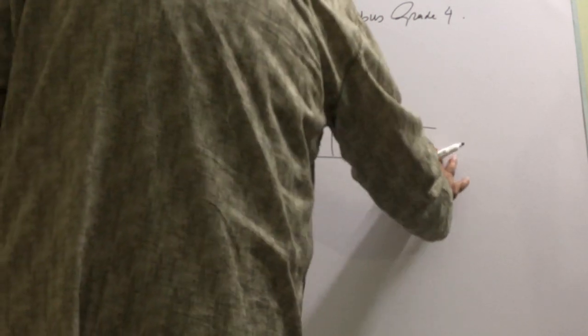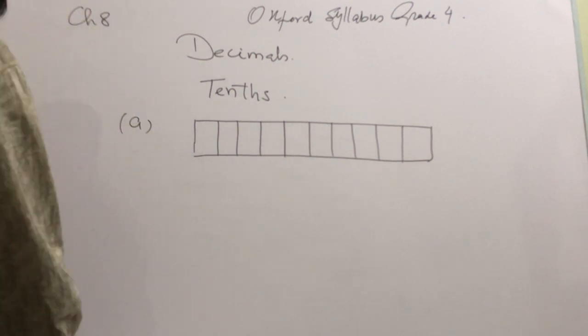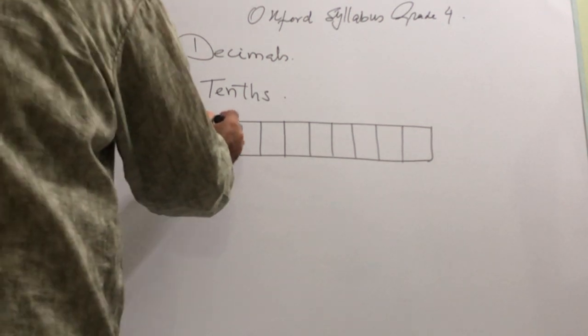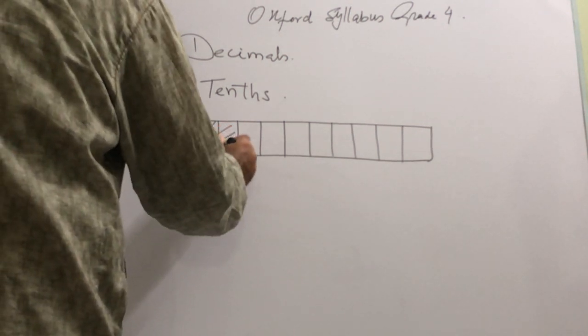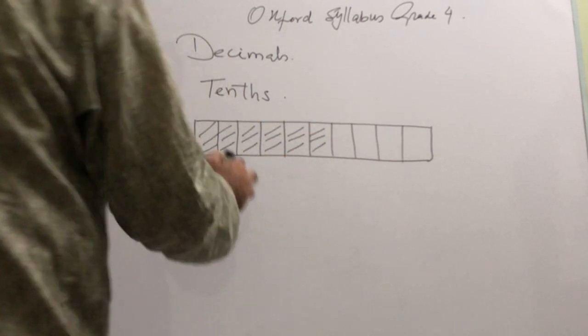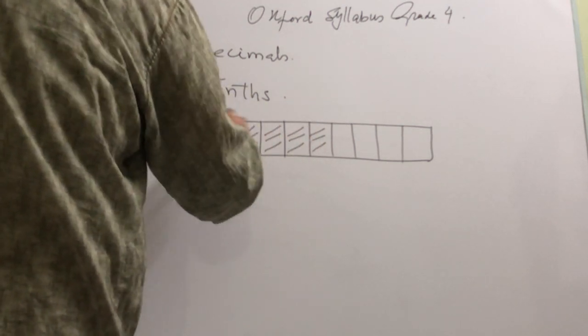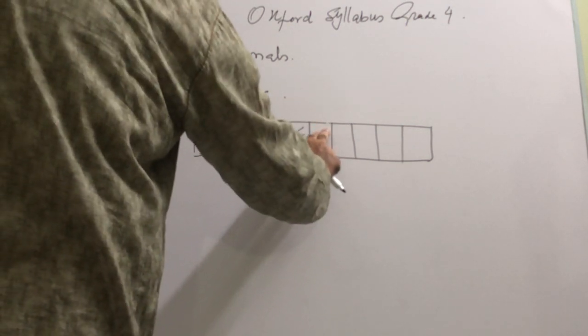Okay, so there are 1, 2, 3, 4, 5. 5 are shaded. This is shaded in brown color. 1, 2, 3, 4, 5. No, not 6, 5.